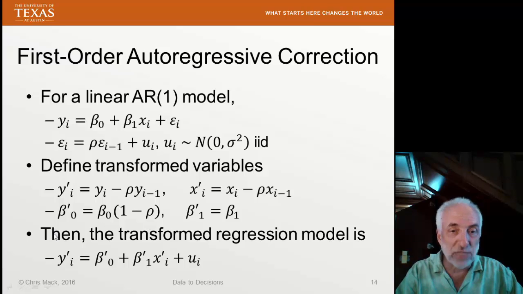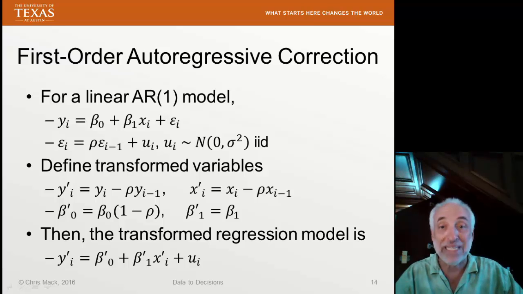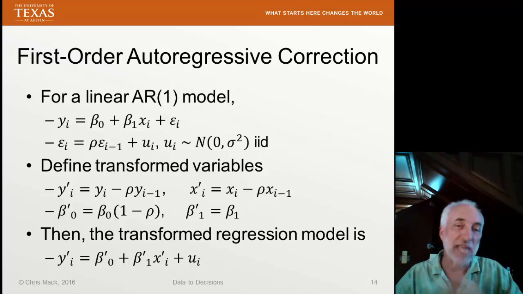So now we have a transformed model, and look, the epsilons have disappeared, and the only thing in the model now is the ui, and the ui is our ordinary least squares assumption: a normally distributed, independent random variable. With our transformed y's and our transformed x's, we perform ordinary least squares regression.